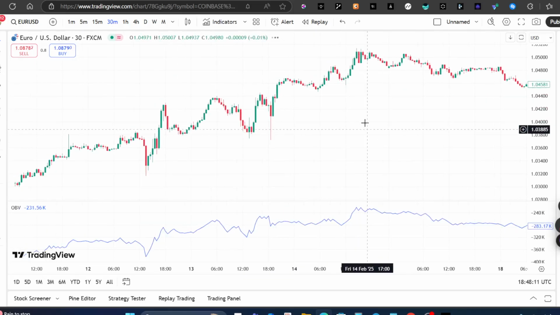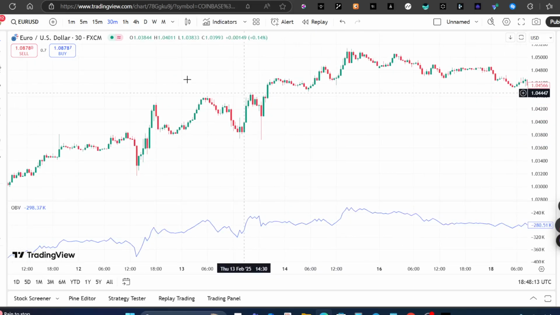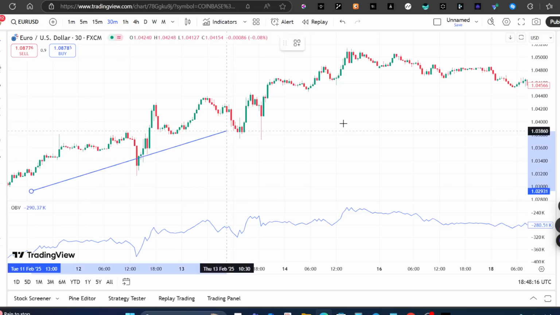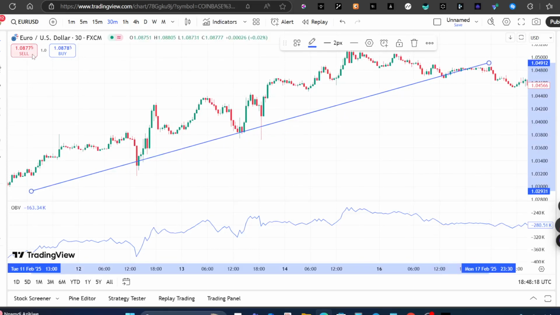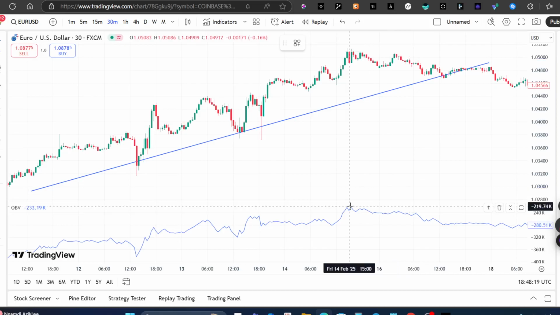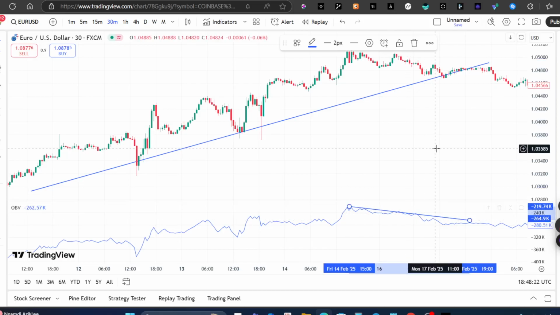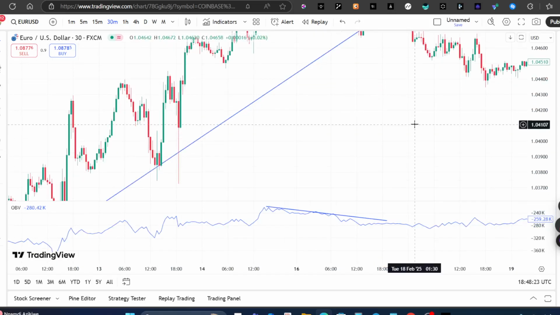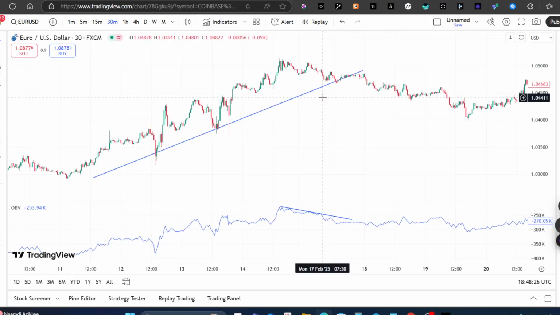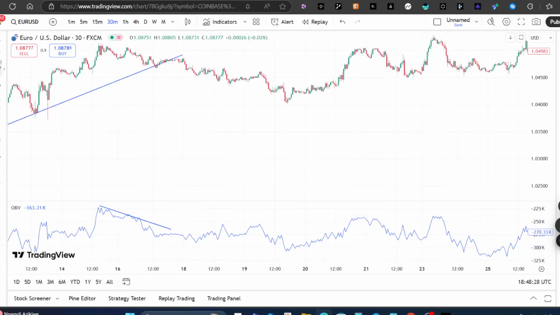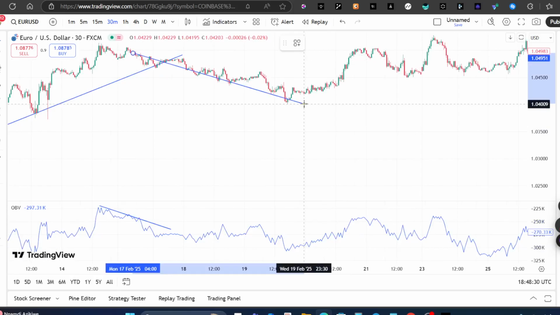So you can see what happened here, that while this uptrend was still ongoing, the OBV had already started coming down gradually, showing that this uptrend was losing momentum. And guess what? Shortly afterwards, we had a decline.